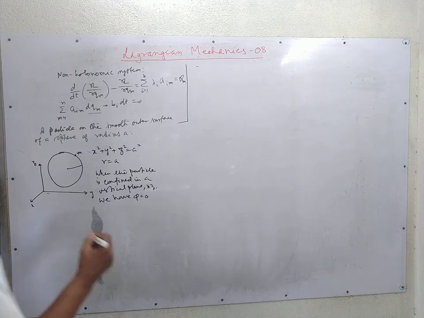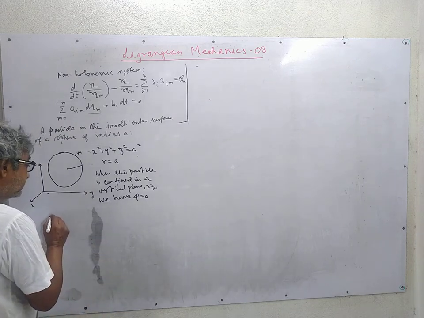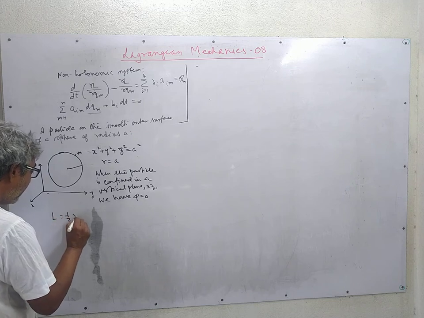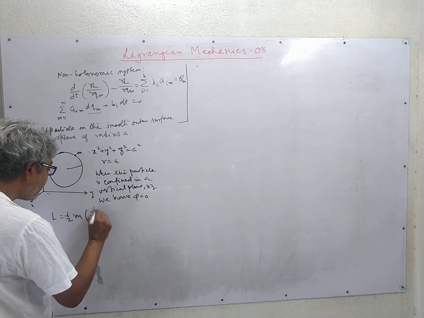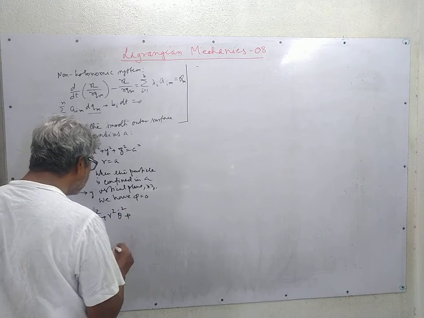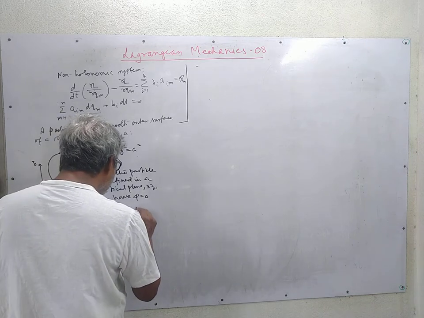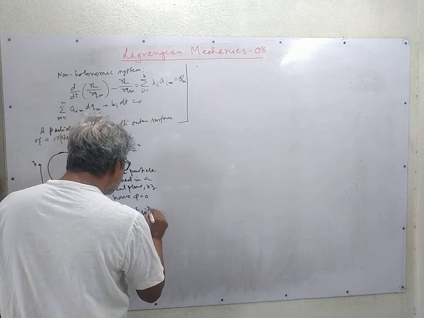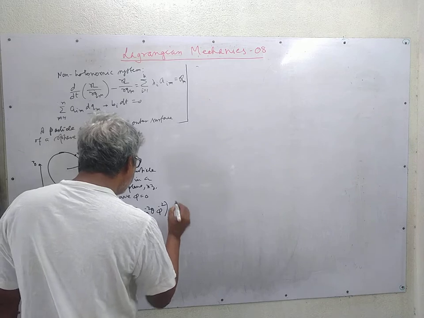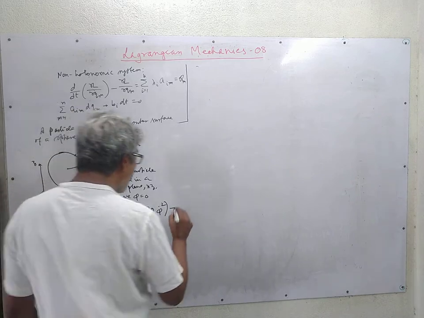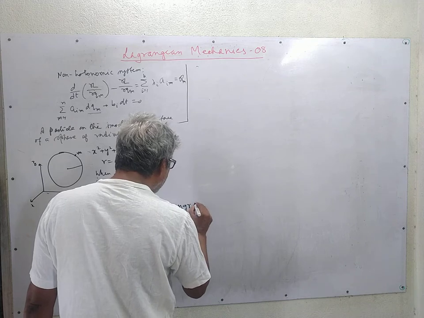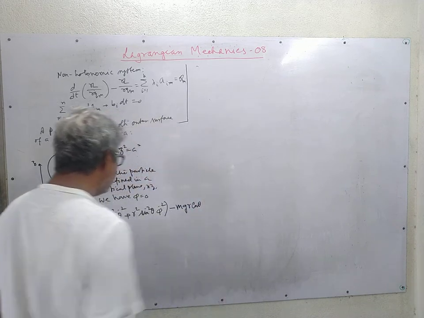So the Lagrangian L for the system is half m r dot square plus r square theta dot square plus r square sine square theta phi dot square, minus mgz. For z we write r cos theta.